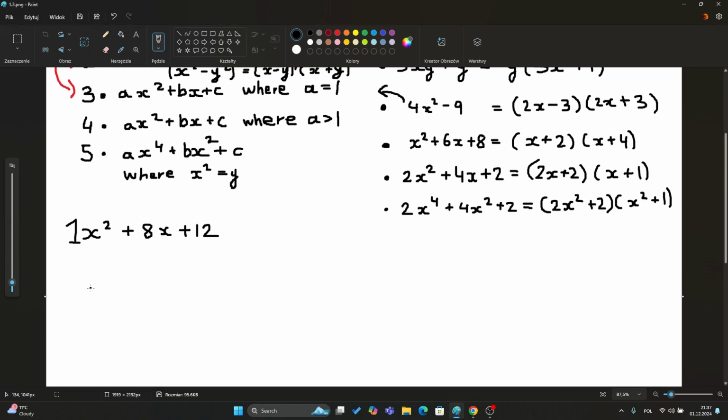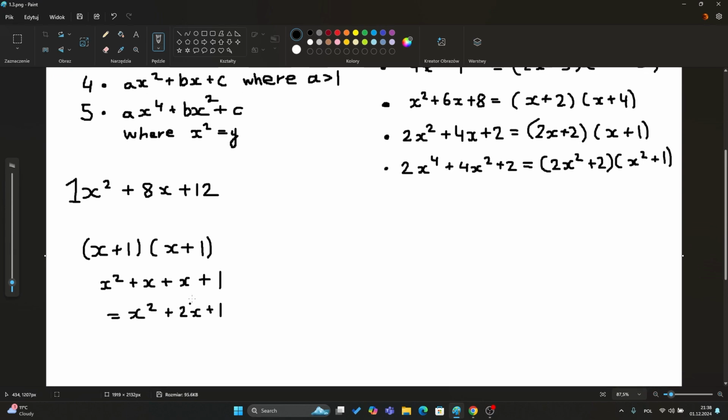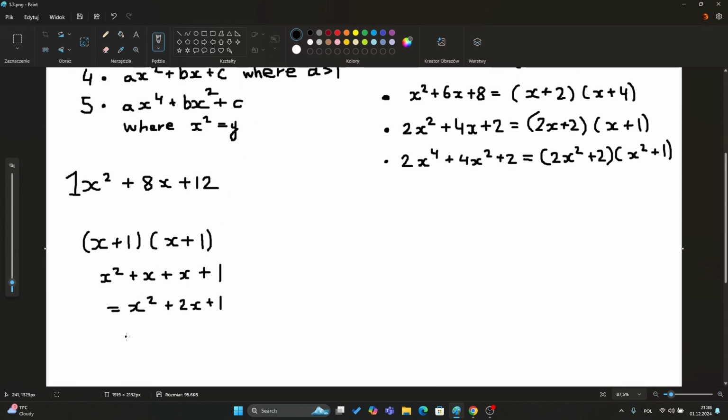So in normal brackets, where you have x plus 1 and x plus 1, by multiplying those brackets out, you'll get x squared plus x plus x plus 1, which is x squared plus 2x plus 1. Now notice that this quadratic is in the form ax squared plus bx plus c, and it comes out of those two brackets.